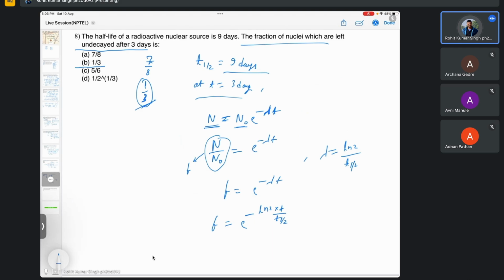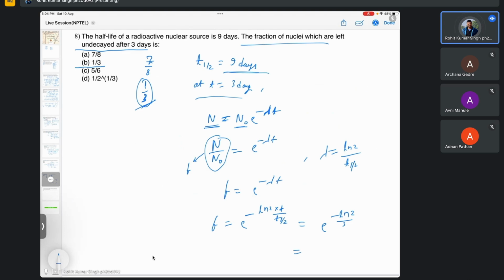And T half is 9 days, t is 3. So let's put everything in, and you will get ln2 by 3.